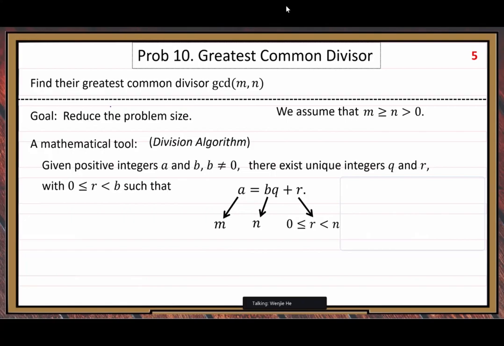If not, we just swap those two parameters, right? So it's very easy to make m greater or equal to n. So then we can apply the division algorithm.